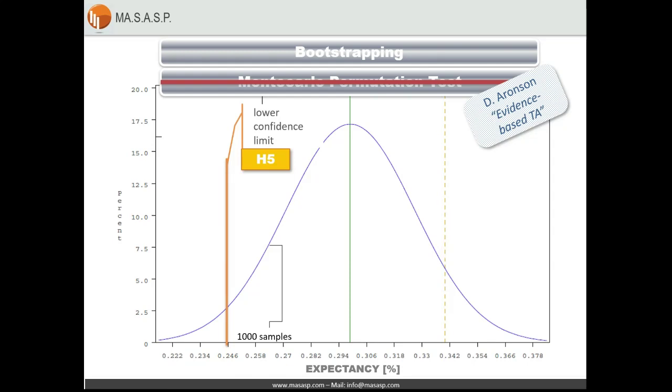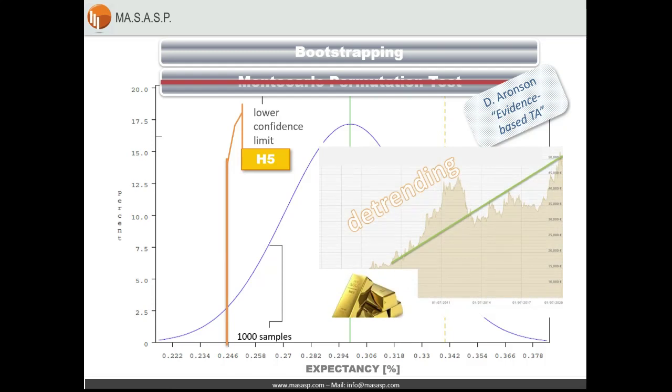By the way, as regards the trending, which is also recommended as a prerequisite for the tests described in Aronson's book, we complied with it, adopting the two-sample t-test discussed in lesson 2, part B. That said, going for the bootstrapping is more than appropriate. Now we can get deeper into it.